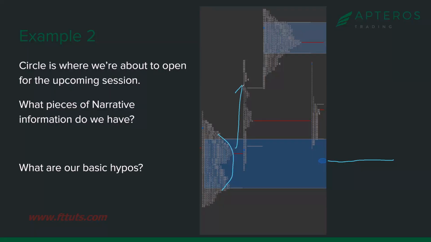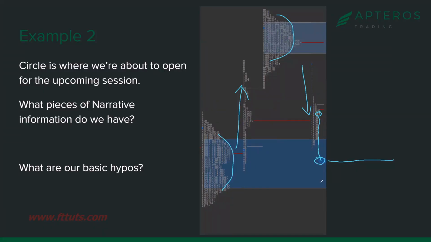We broke. We then had a multi-day balance. By the way, anytime there's these drawings, that means it's a CVA. I only draw the drawings on my CVA chart where there are CVAs. And then we broke lower, and it looks like we closed here, and in the overnight session, we've actually gone here. Great job.